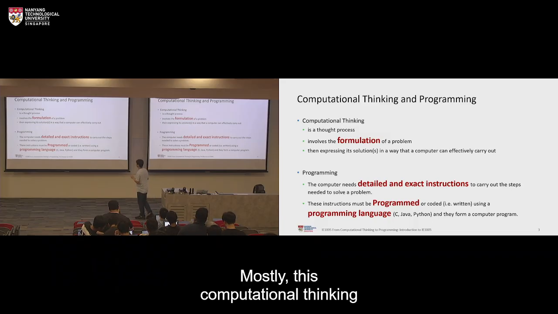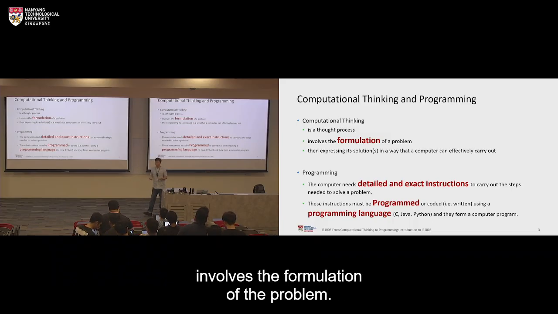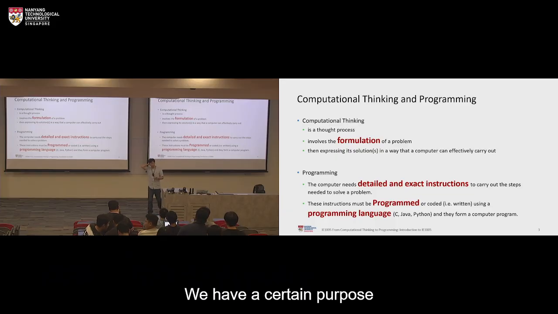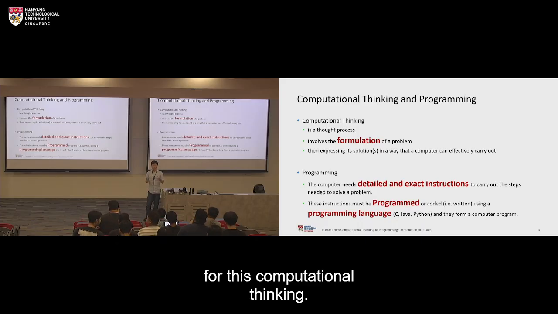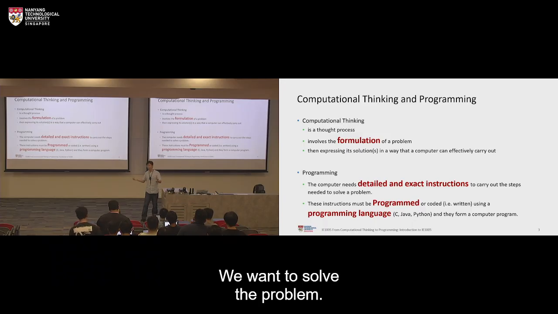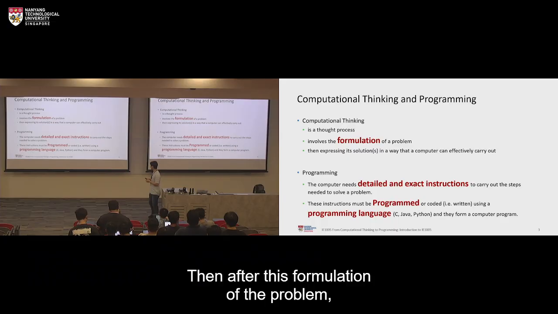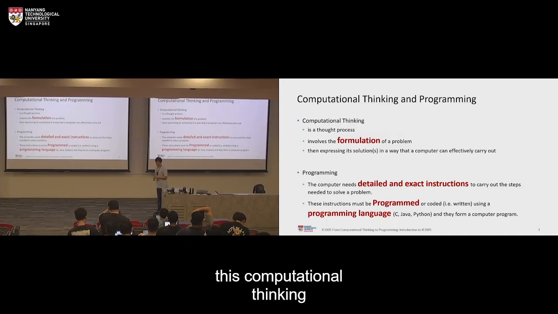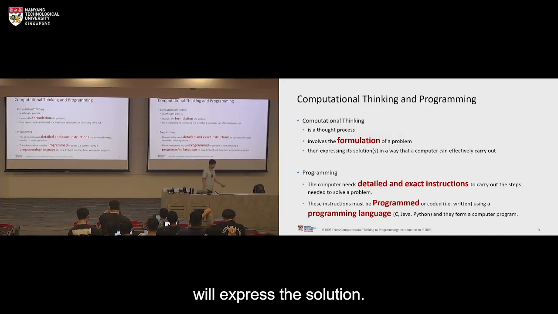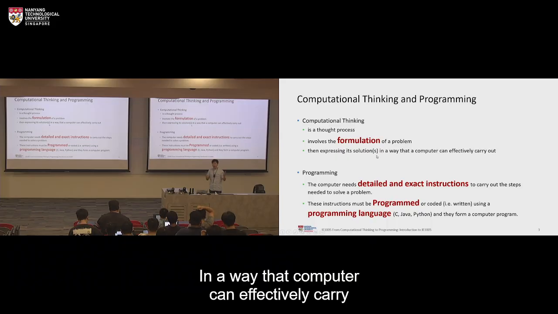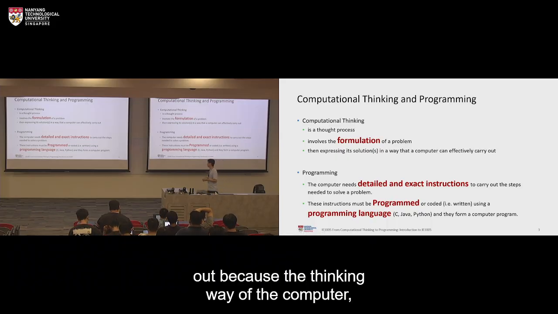And mostly, computational thinking involves the formulation of the problem. So, we have a certain purpose for this computational thinking. We want to solve the problem. We want to develop something for our convenience or some entertaining matters. Then, after this formulation of the problem, computational thinking will express the solution in a way that a computer can effectively carry out.